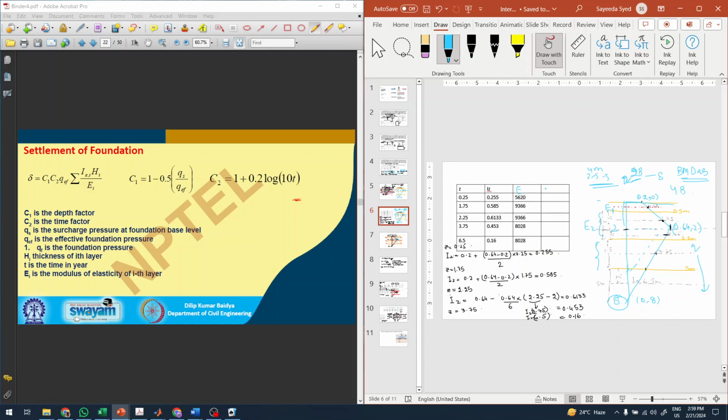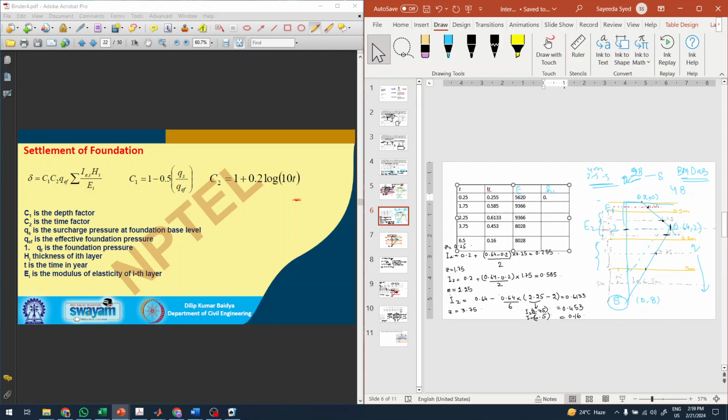Okay. So this is E, and let us take the height of each layer. This will be 0.5, then this will be 1.5, then this will be 2.5.